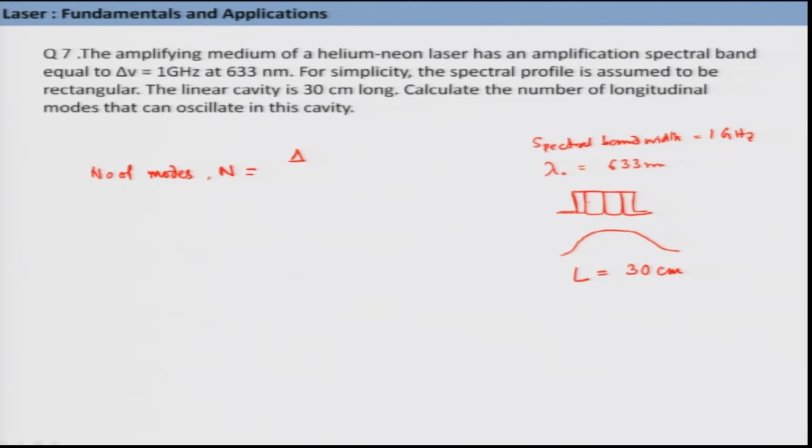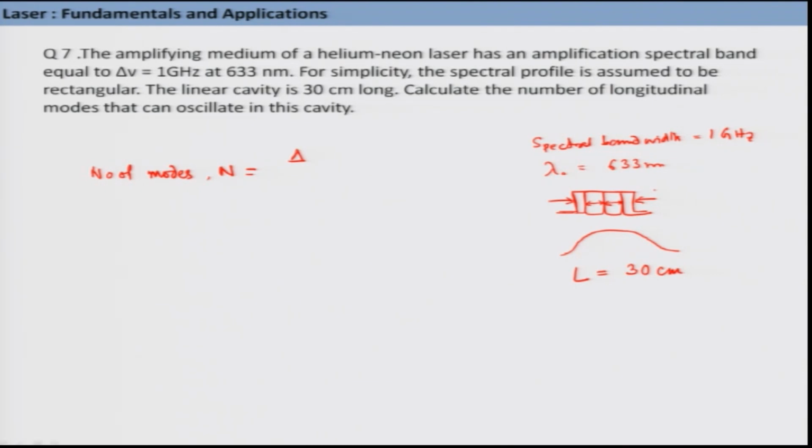So, how do I find out the number of that mode? Because we know this gap between two longitudinal modes, and also we know this bandwidth, which is already provided, that is 1 gigahertz, right.